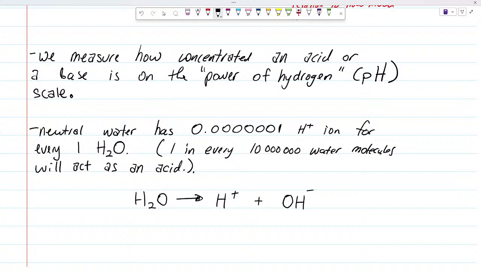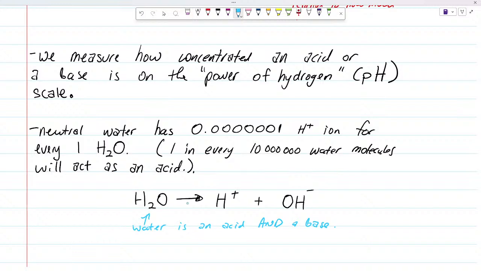You don't need to know this per se, but it's actually interesting to know that water is an acid and a base. Because when it dissolves in itself, it releases an H plus ion, and that's the definition of an acid. But it also releases an OH minus ion, which is the definition of a base. Kind of weird, right?